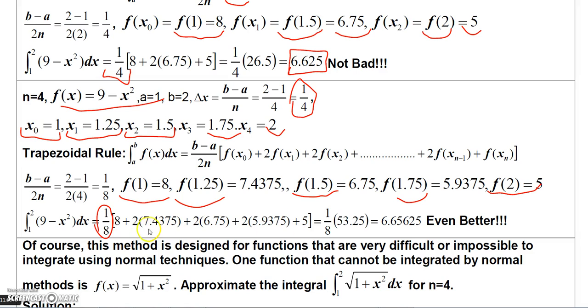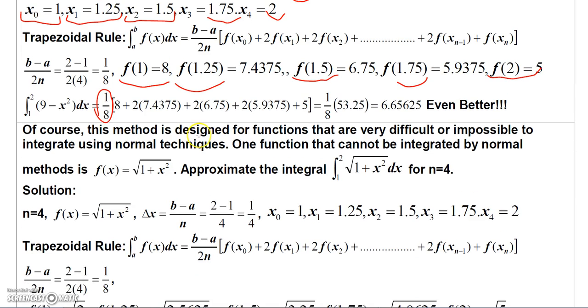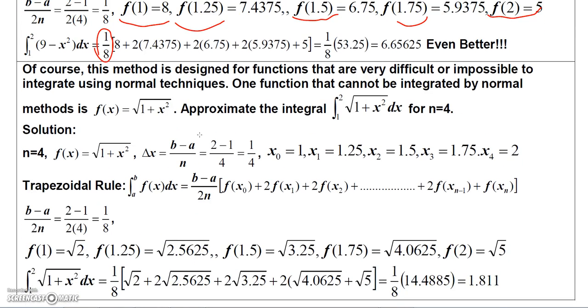Then add all of that up and multiply it by 1/8, and you get 6.656, which rounds to 6.66, which is even closer to the exact value. Now, of course, this is actually designed for functions that are very difficult or impossible to integrate.